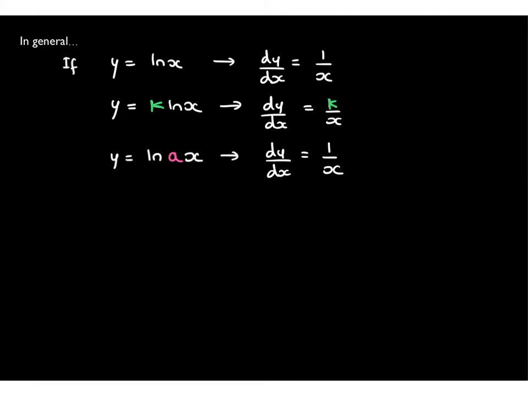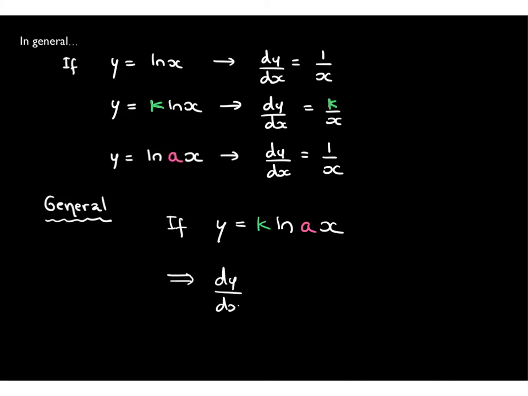So the most generalized way of expressing all of this is to say if y equals k multiplied by ln of ax, where k and a are constants, then dy by dx is equal to k over x.